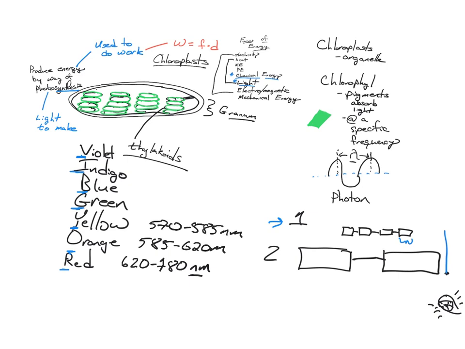And green is 490 to 570 nanometers. And blue is 440 to 490 nanometers. Indigo is 420 to 440 nanometers.